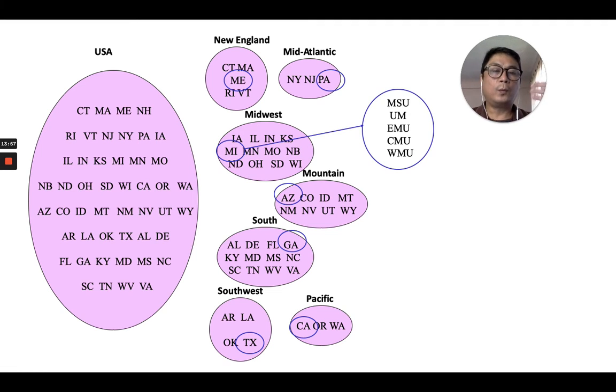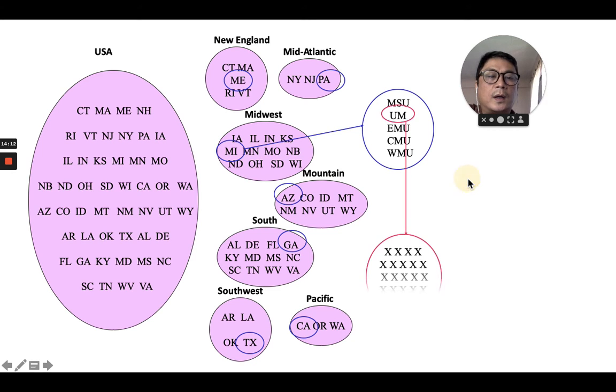Within Michigan, so Michigan is now a cluster, we can also find clusters of universities. There are probably more universities in Michigan, but just for purposes of our example, there are 5. So from the 5 universities in Michigan, we randomly select one, which is the University of Michigan.